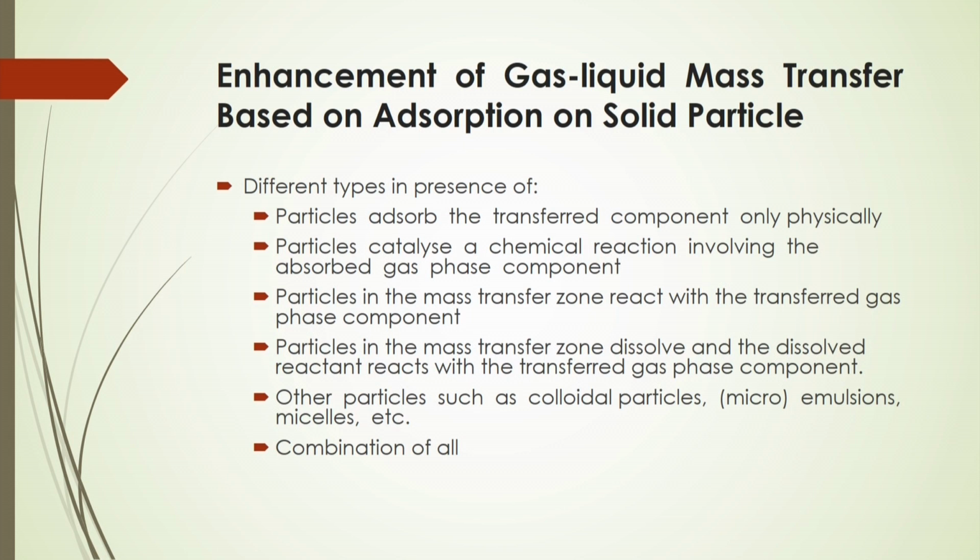Sometimes particles adsorb the transferred component only physically, sometimes particles catalyze a chemical reaction that involves the adsorbed gas phase component. Sometimes particles in the mass transfer zone react with the transferred gas phase component. Sometimes particles in the mass transfer zone dissolve and the dissolved reactant reacts with the transferred gas phase component.